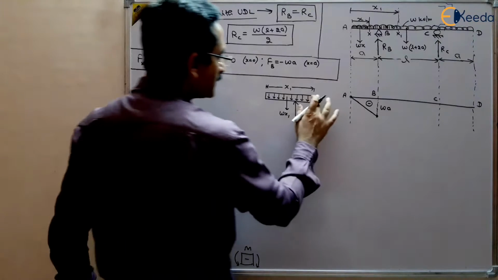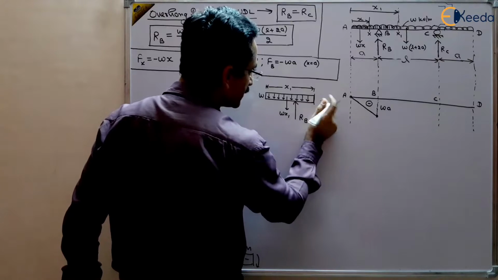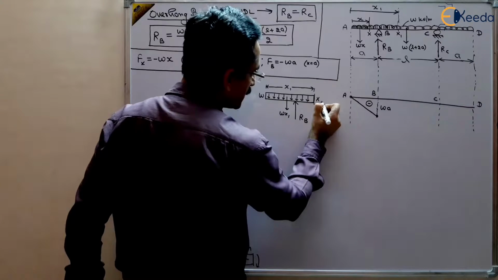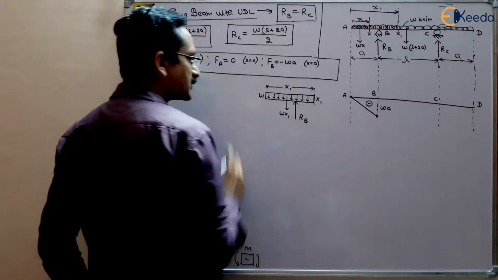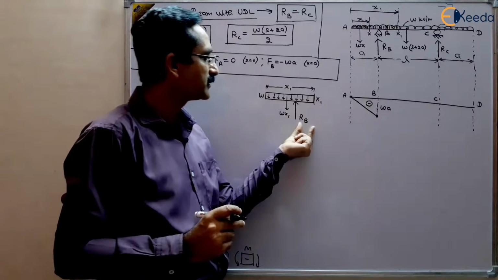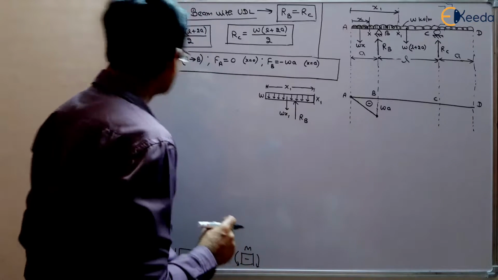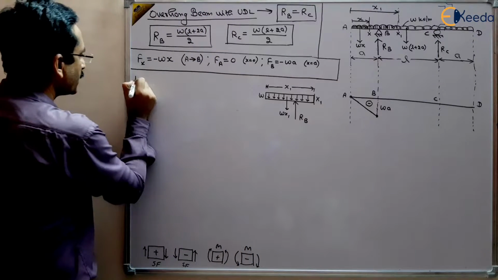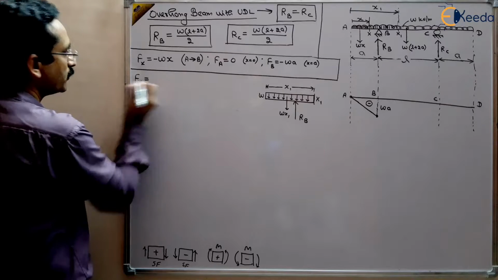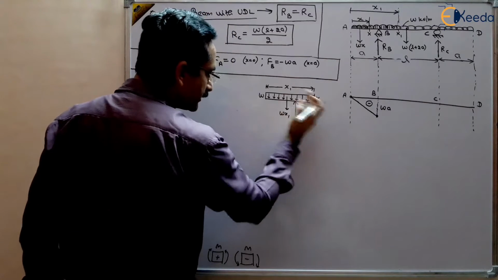So to the left of this section, this is our x1, this section x1, there are two forces basically. One is Wx1 and another is RB. Wx1 and RB, right? So the force F1 will be equal to, this is downward, negative to the left.